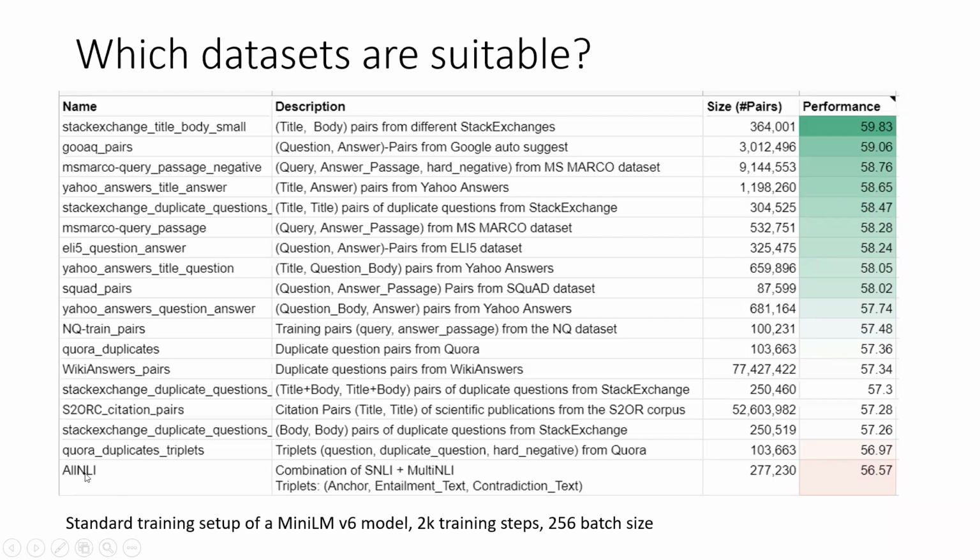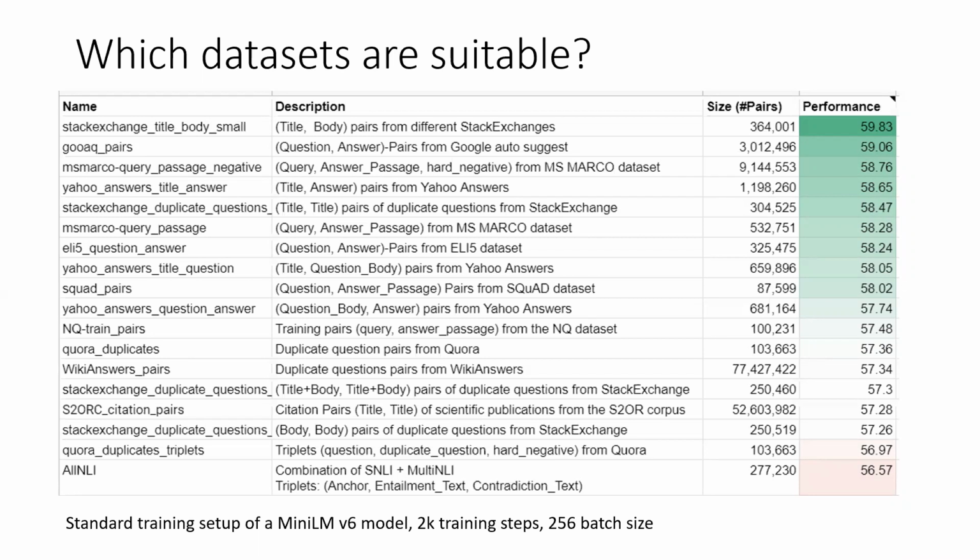Quite commonly people in sentence embeddings train on NLI, SNLI and multi-NLI, but this performs rather not so good. It's not really bad, but also not great because it's really narrow in the domain and not working that well. So in conclusion, what works well are these question-answer pairs.